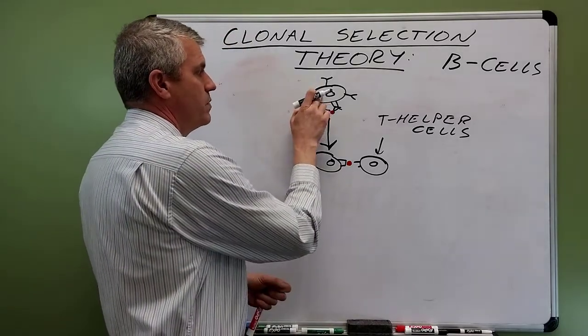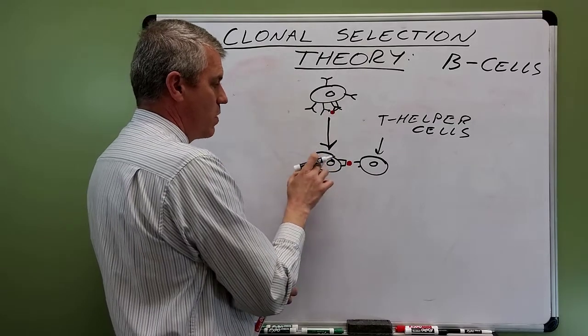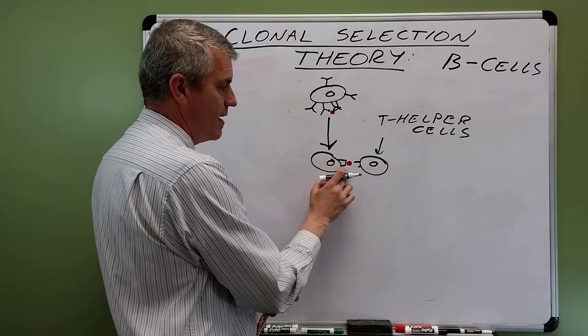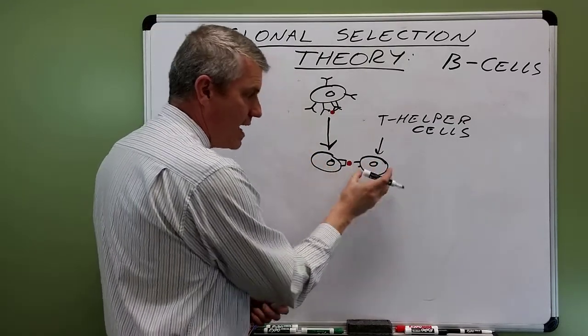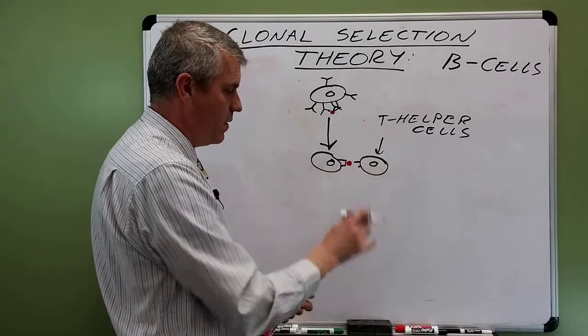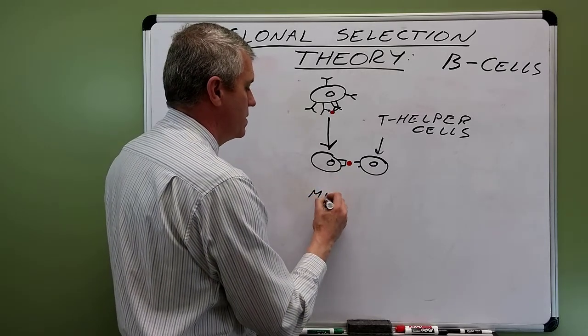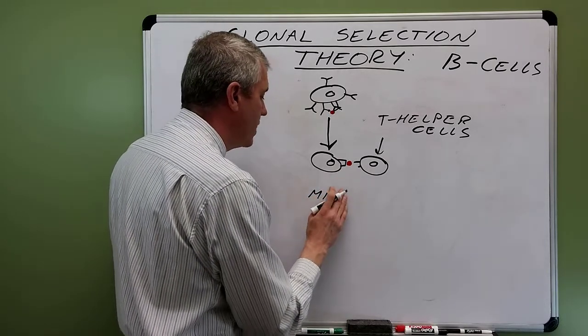So again, the B cell was selected for because it came across its alien antigen. It internalized that antigen, displayed it on an MHC2, got confirmation from a helper T cell that said, yes, that indeed is an alien, go ahead and go kill it. And then what happens is the mitosis phase.